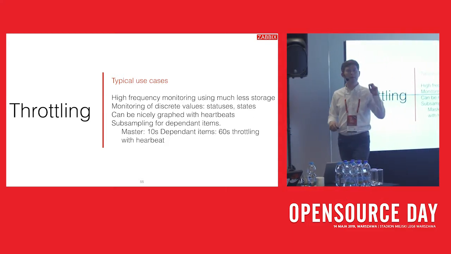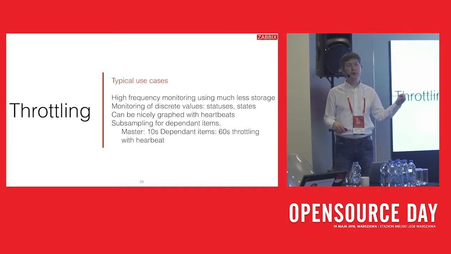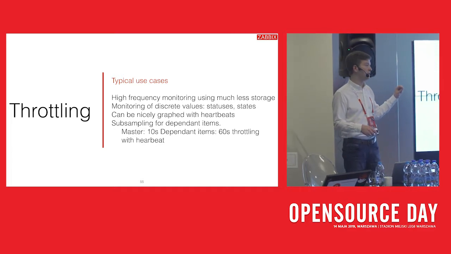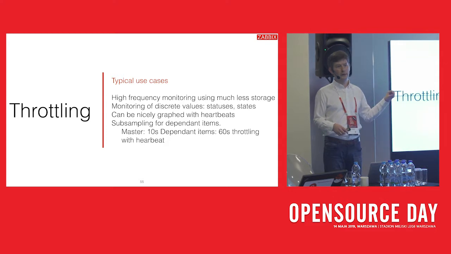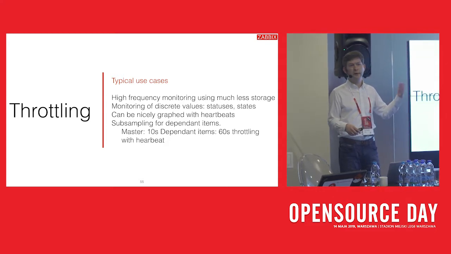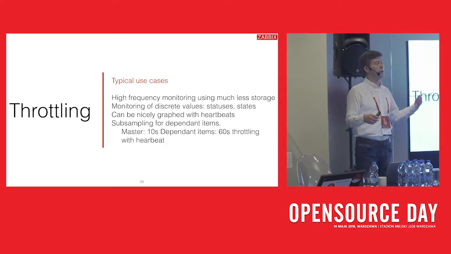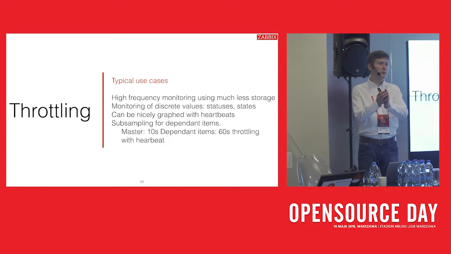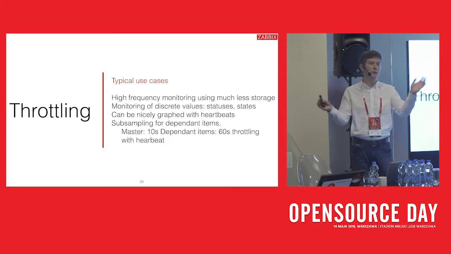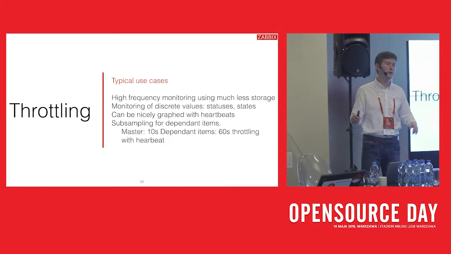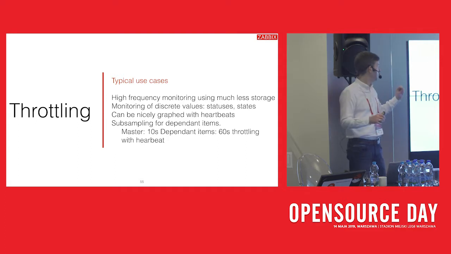Now we can monitor availability of applications, services, devices much more frequently, like once per second. Why not? Yeah, every second we check if something maybe highly critical is available or not. Yeah, but we don't want to keep all these zeros and ones or twos or any values. It will be just ignored.